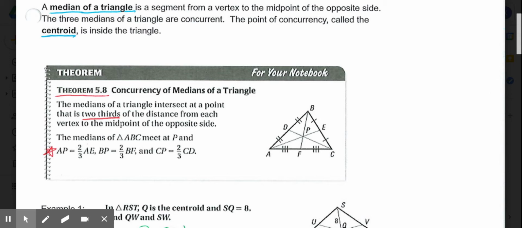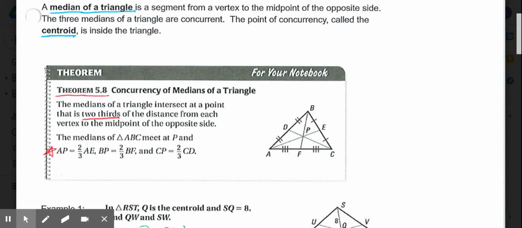So what that means is if we look at the whole median AE, that rule tells us that from the vertex to that point of concurrency, the centroid, AP is 2/3 of the whole segment, and PE would be 1/3.